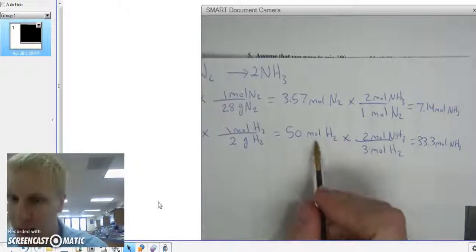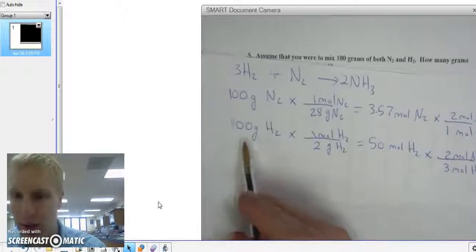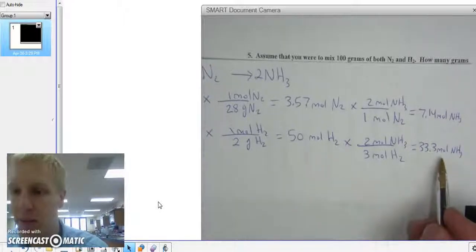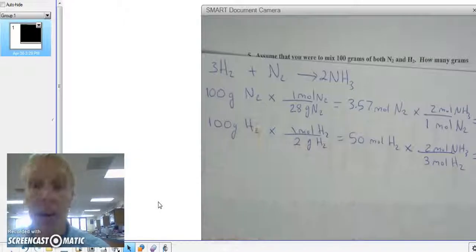So what I'm saying is if I have 100 grams of H2, I should be able to produce 33.3 moles of NH3, providing I have unlimited N2.